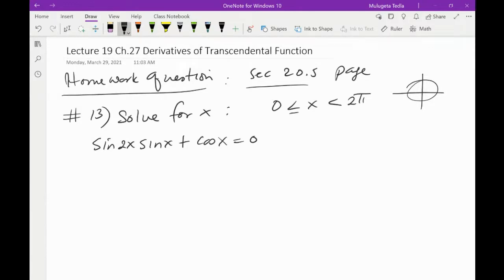The only problem we have is the angle is mixed up. Some of the functions it's x, some of them it's 2x. So I would rather have them the same, either 2x or x. It's better here to change it, because we know the double angle formula: sine 2x could be written as 2 sine x cos x.